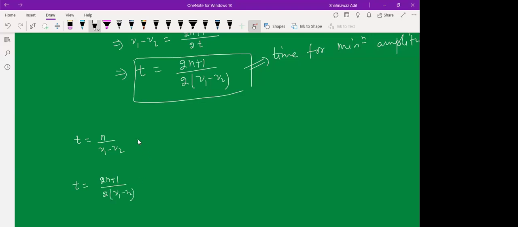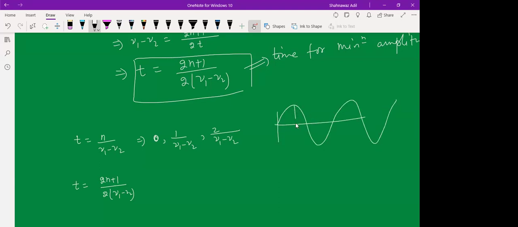So if we want to calculate the first maxima, the first maxima would be at 0 seconds, and then the next one would be 1 by (nu1 minus nu2), and then the next would be 2 by (nu1 minus nu2). So this would be the maximum, right? So let's say you have this beats.